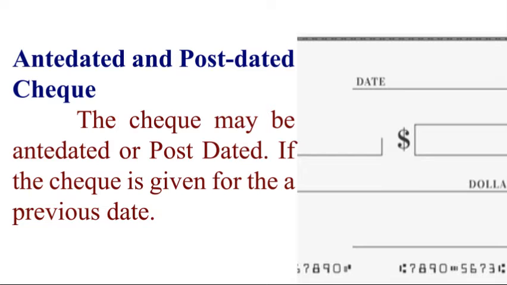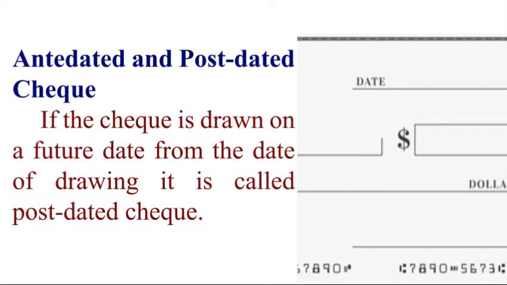That is called antedated check. And if the check is drawn on a future date from the date of drawing it, it is called post-dated check. That is, if a check is given for a future date, it is called post-dated check.